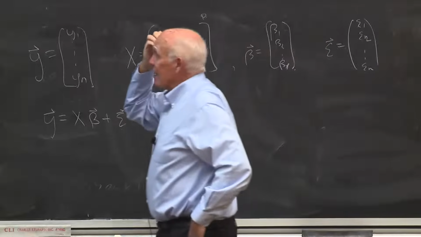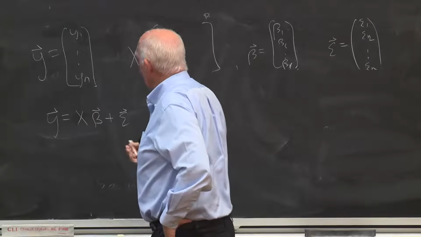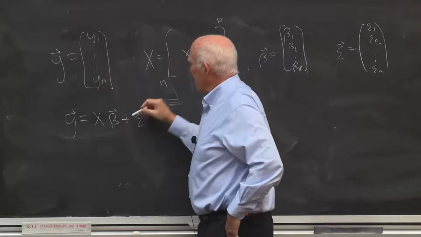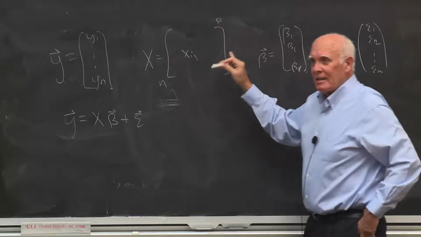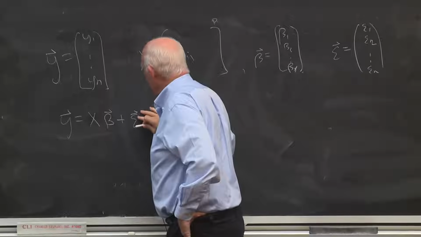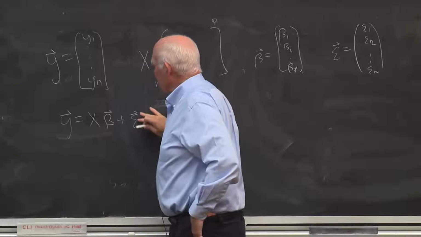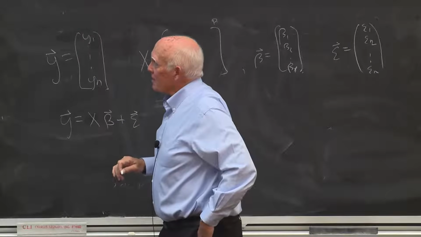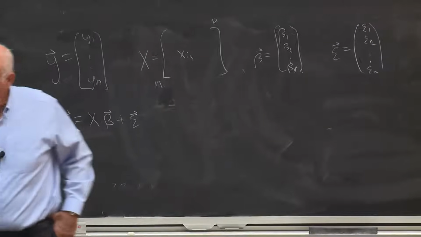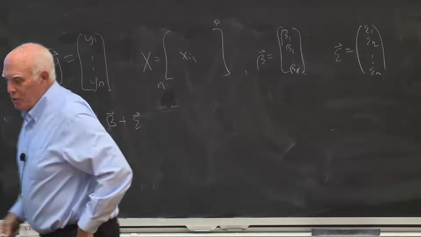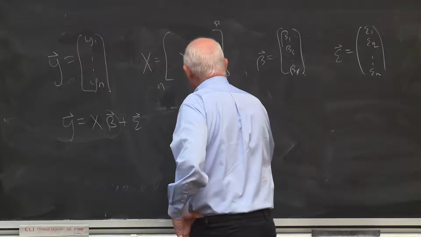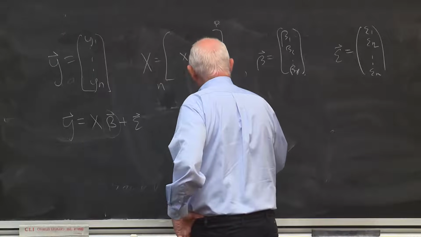So in specifying the regression model, we have that our n vector y is going to be a linear combination of the columns of x, and there will be an error vector characterizing the discrepancy from that. So how should we specify this beta vector if we have a least squares criterion?